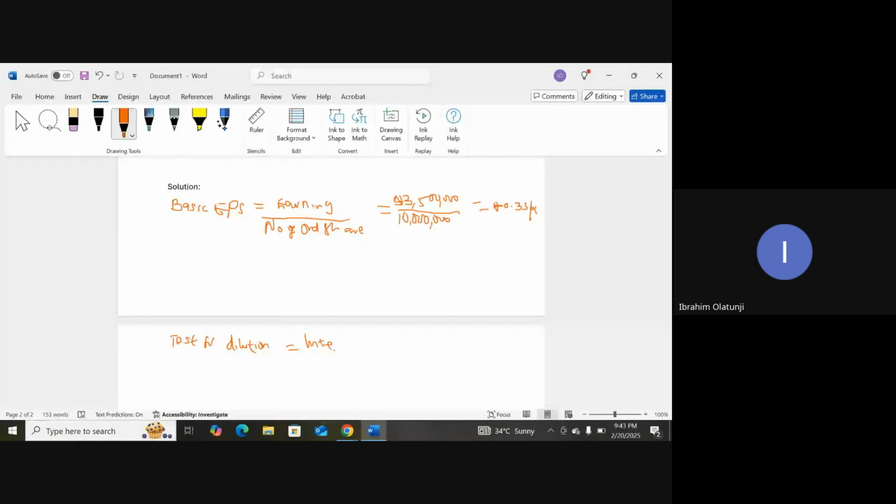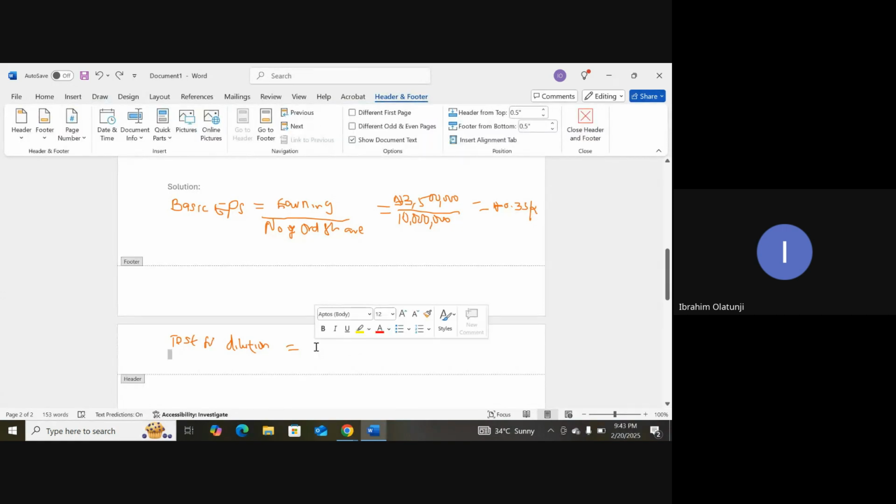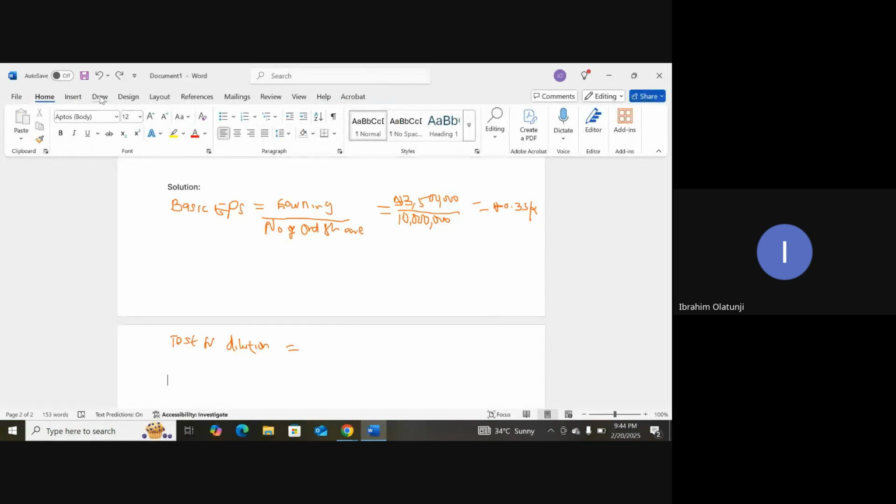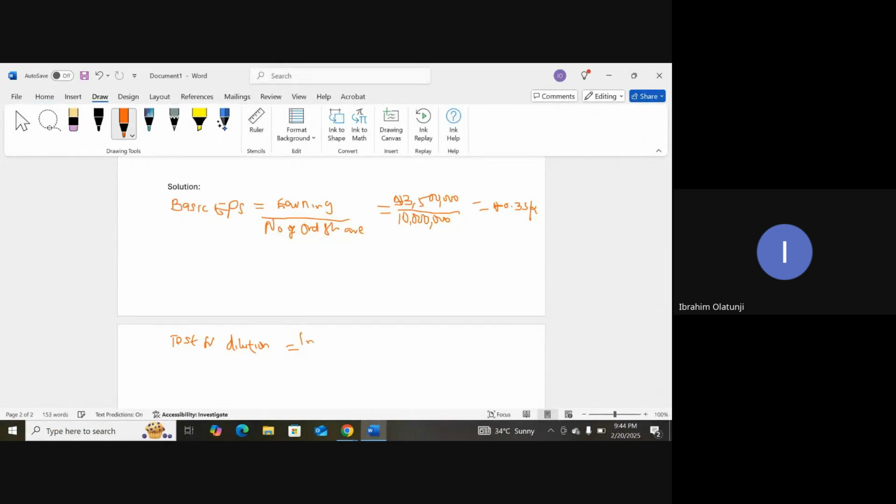interest savings net of tax on convertible loan stock.